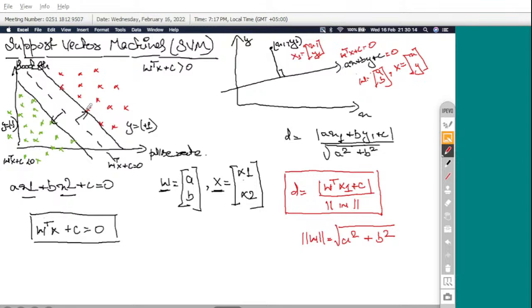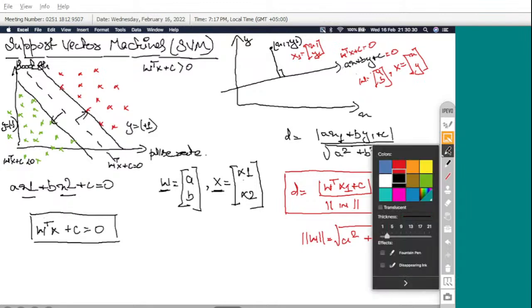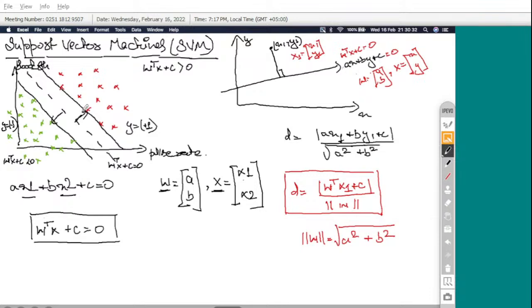So the distance, this and this, should be maximized to get this plane, right? Are we getting this part? Whatever distance is this, and whatever distance is this, needs to be maximized. Then only we can say this is a best fit hyperplane.